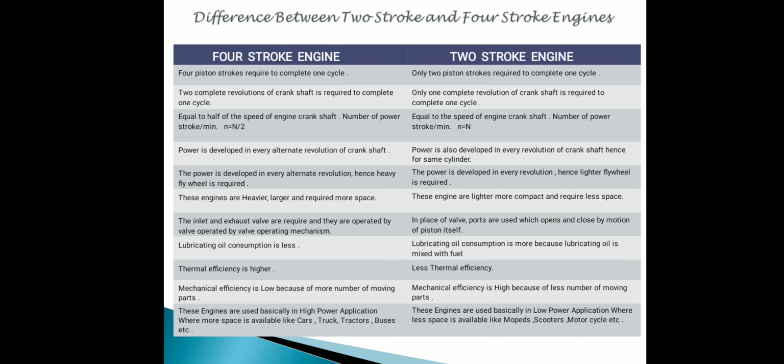Basically in the four stroke engine, we get power only on alternate revolutions, but in the two stroke engine we get power every revolution. That's why small n equals capital N for the two stroke engine.